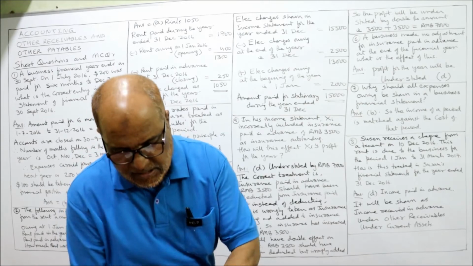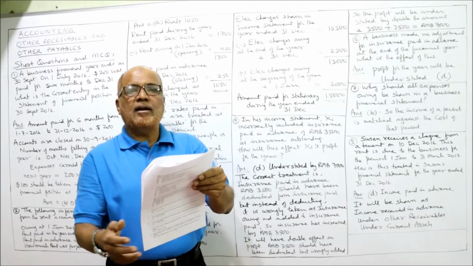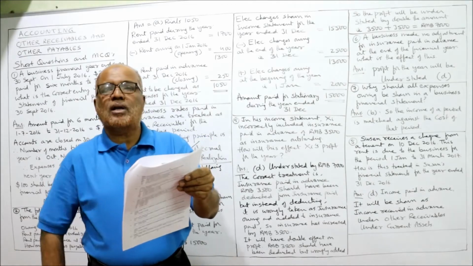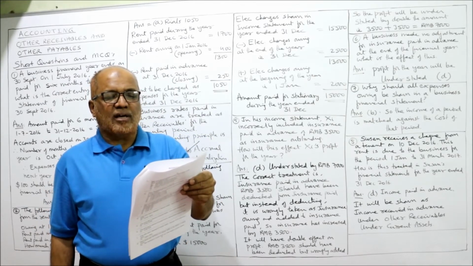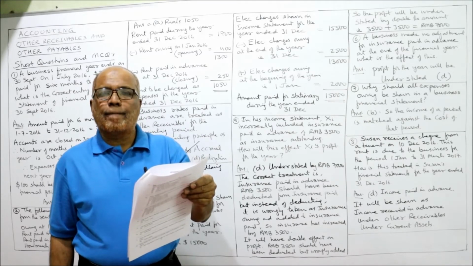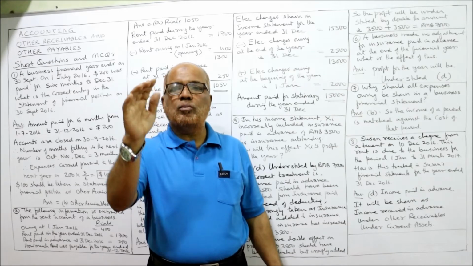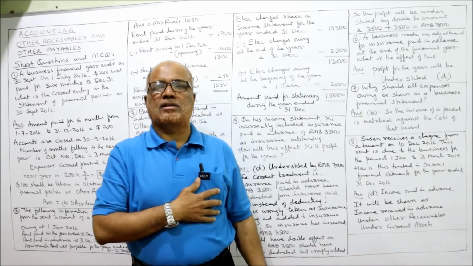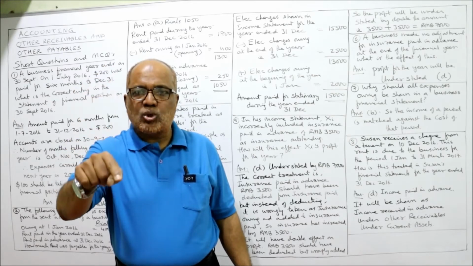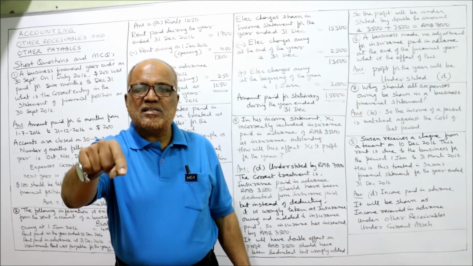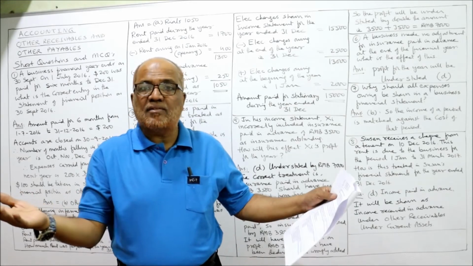Now problem number 6. See the sixth problem. A business made no adjustment for insurance paid in advance at the end of the financial year. What is the effect of this? Insurance paid in advance should be deducted from insurance. When insurance is deducted, the expenses should decrease. When expenses decrease, the profit will increase. That is the correct effect.